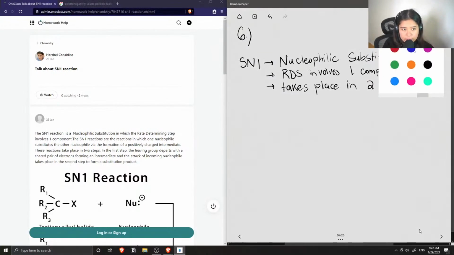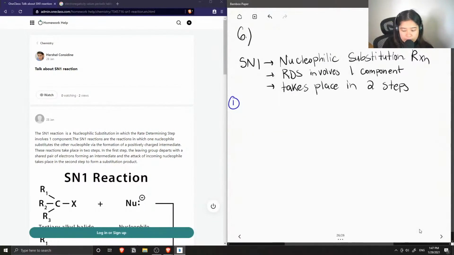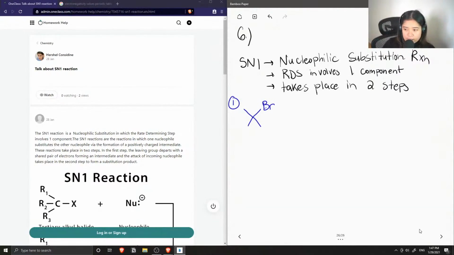Okay, so I'll just show these 2 steps now. The first step is when we have our reactant. So let's say we had a bromine attached to this carbon, this tertiary carbon group.